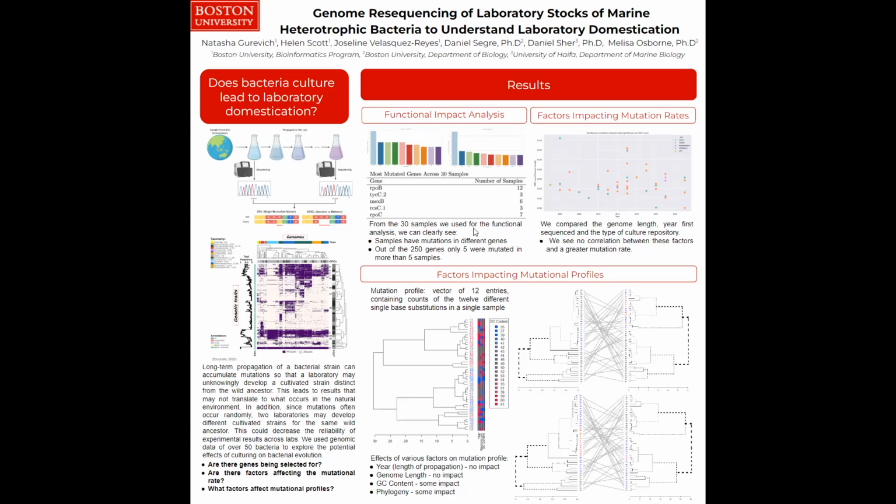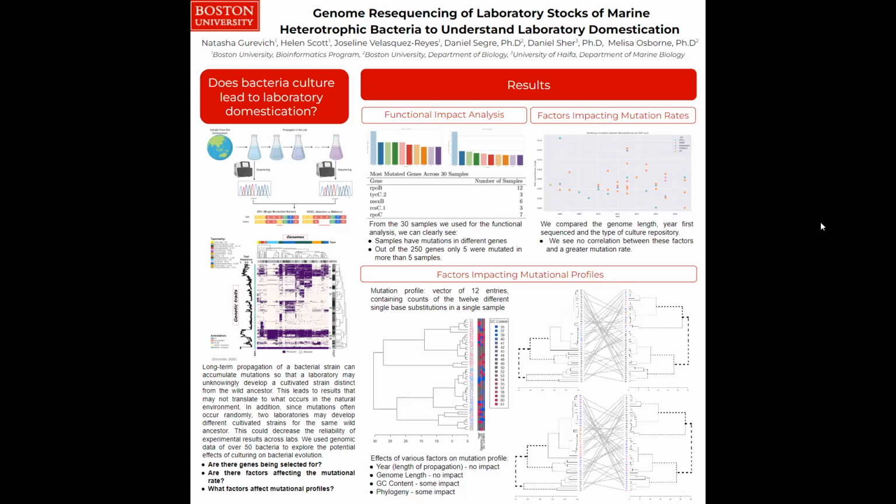But then we also wanted to know, if we zoom in a little bit more, are there some genes that actually are shared across some samples? We ended up seeing that rpoB and rpoC mutations are shared across several samples of different backgrounds, which is very interesting. Additionally, those genes are associated with the subunits of RNA polymerase, which is often a suggestion of selective pressures that make these mutations arise.